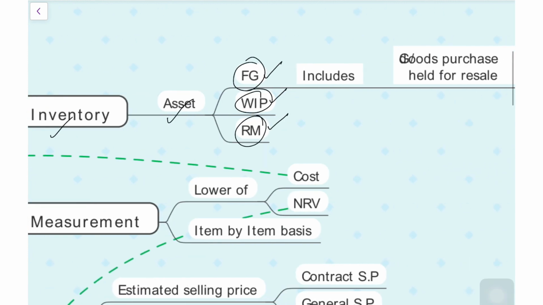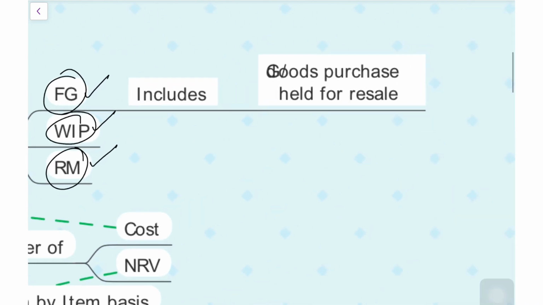Talking specifically about finished goods. Okay, so here finished goods does not only mean the items which you have produced in your entity or produced in your company. It also includes goods which you have purchased and you have held for resale. Suppose you are not a manufacturer but a trader. Okay, so what you do, you buy saris, you stock it in your store and then you sell them again.